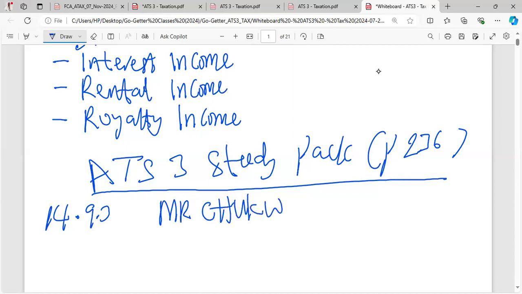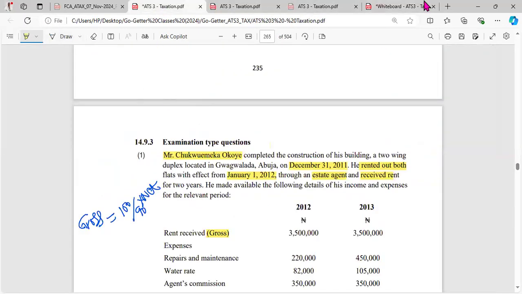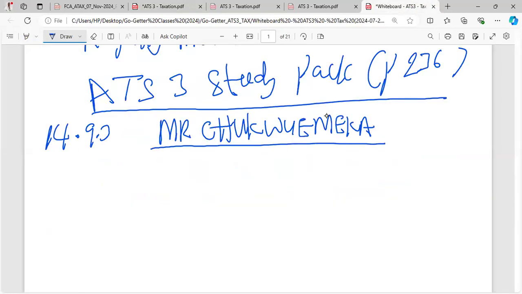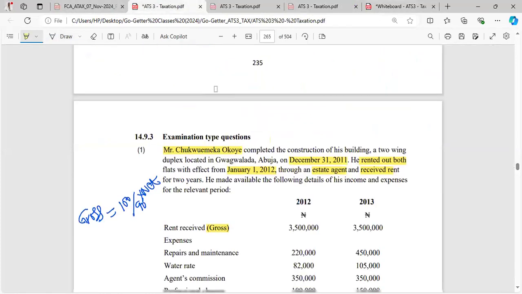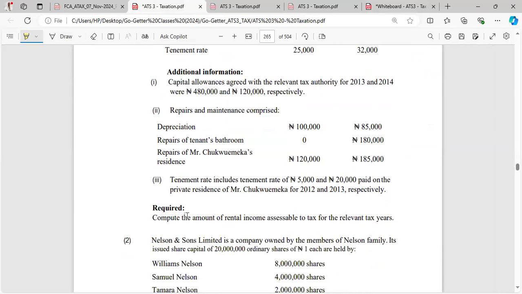We now say Mr. Chukwuemeka Okoye. So what happened here is the computation is to compute his rental income assessable to tax for the relevant years.